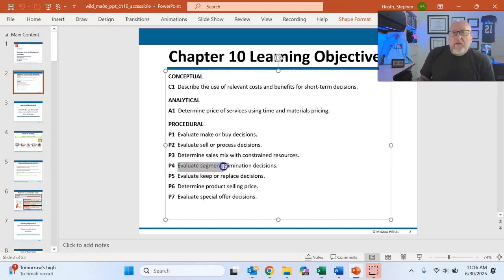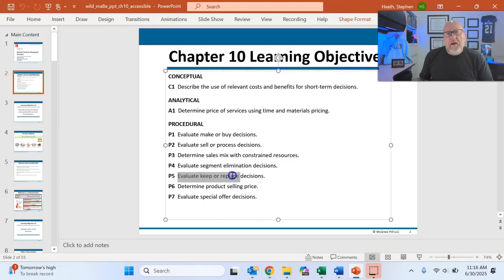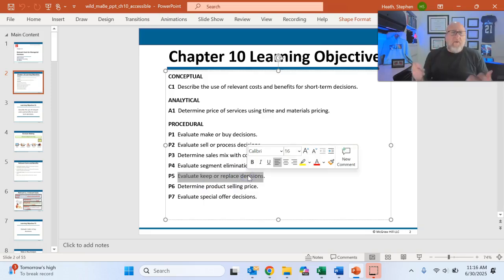Okay. Then we're going to talk about business segments and whether it makes sense to eliminate certain segments. We are going to talk about keeping or replacing decisions, right? So if I have a machine and it's relatively old and it's not the most efficient thing in the world, what do I look at to consider replacing the machine?